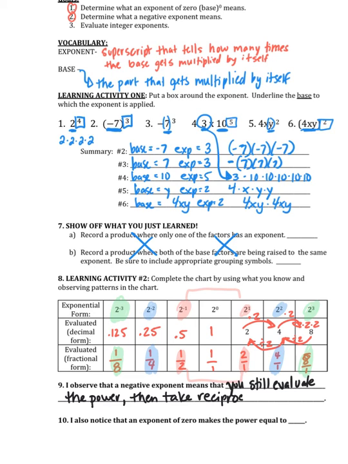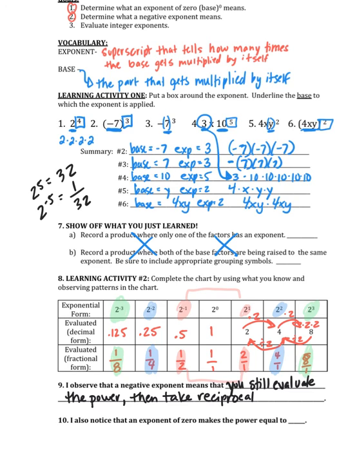So it's almost like you pretend it's not there and then just flip your answer over when you're done. So like 2 to the 5th is 32. 2 to the negative 5th is just 1 over 32. It literally just flips it over. Okay?